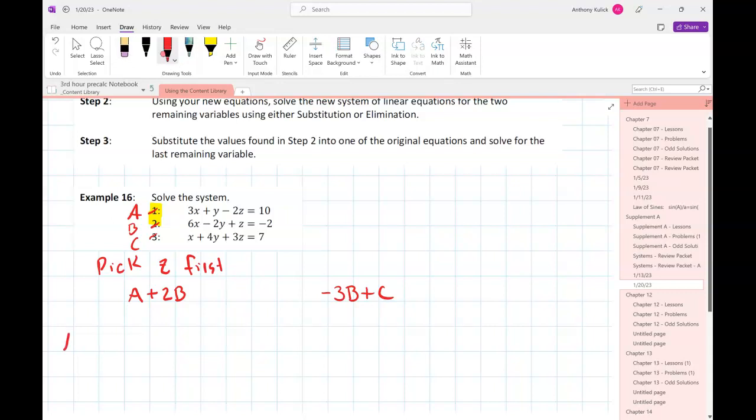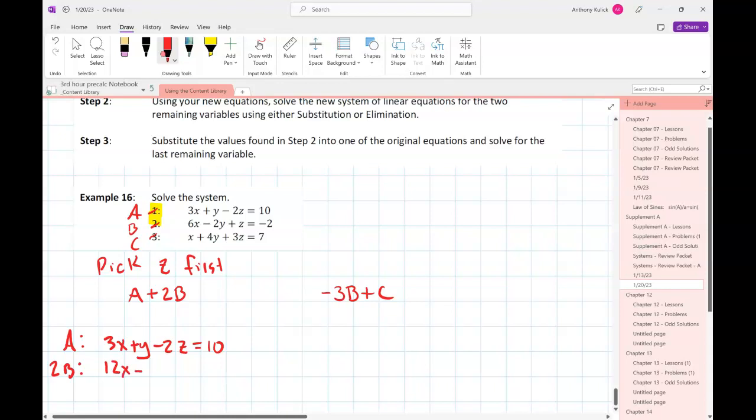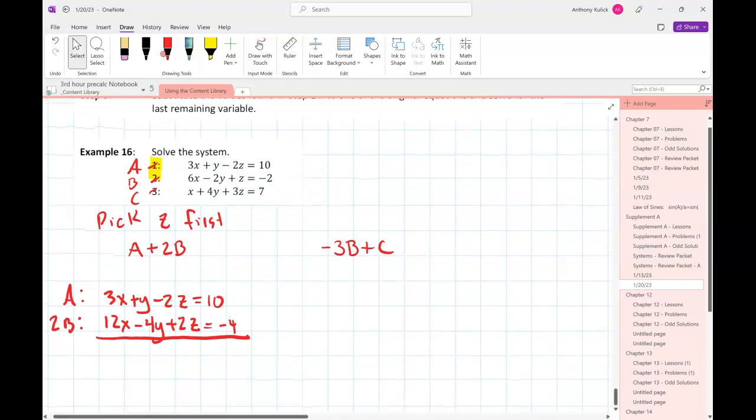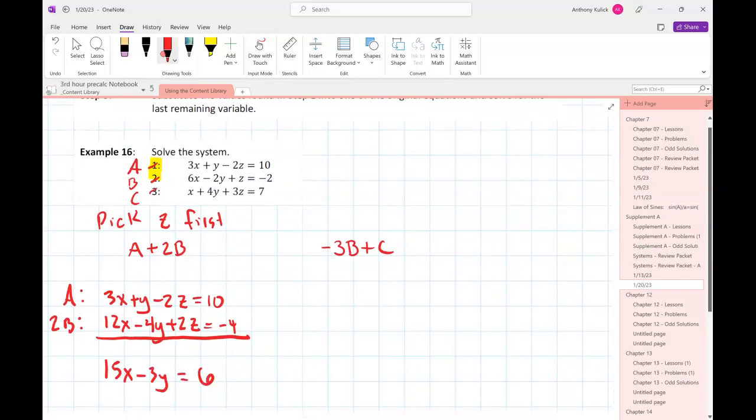So we'll start here now. I have equation A, which we didn't do anything to. And then we have 2 times equation B. And when we add down, we get 15x minus 3y equals 6. Now we have negative 3B, so it's 18x plus 6y minus 3z is equal to positive 6.